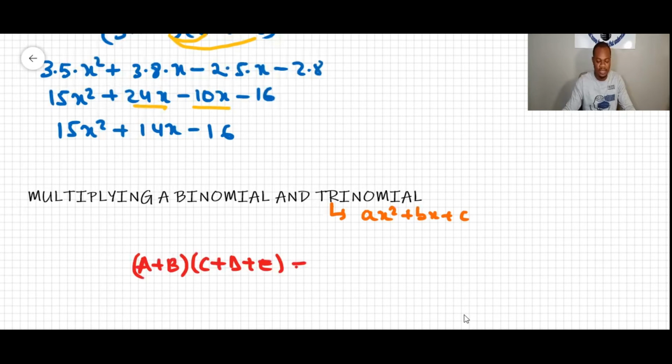So a will times the bracket c plus d plus e, and then same thing, b will be times c plus d plus e. And then this can be simplified and expanded.